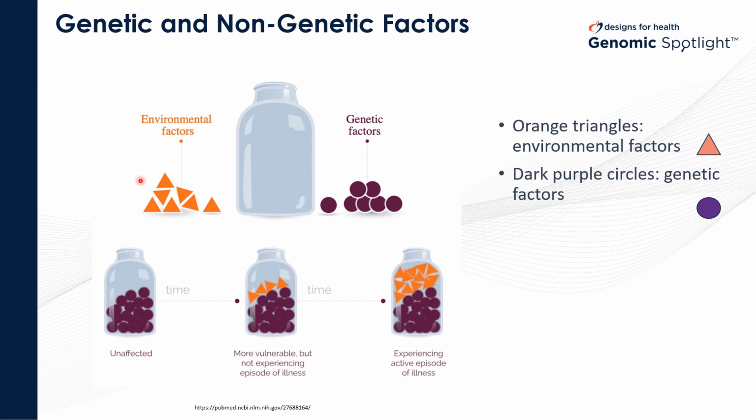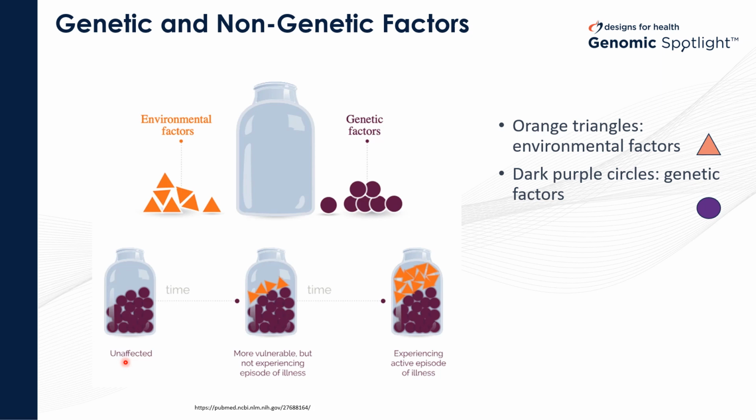And the same is true in reverse. The more environmental factors you have, then the less room there is for genetic factors, risk SNPs, before disease manifests. The bottom example on the left is a jar. And this shows unaffected persons with a certain size jar.